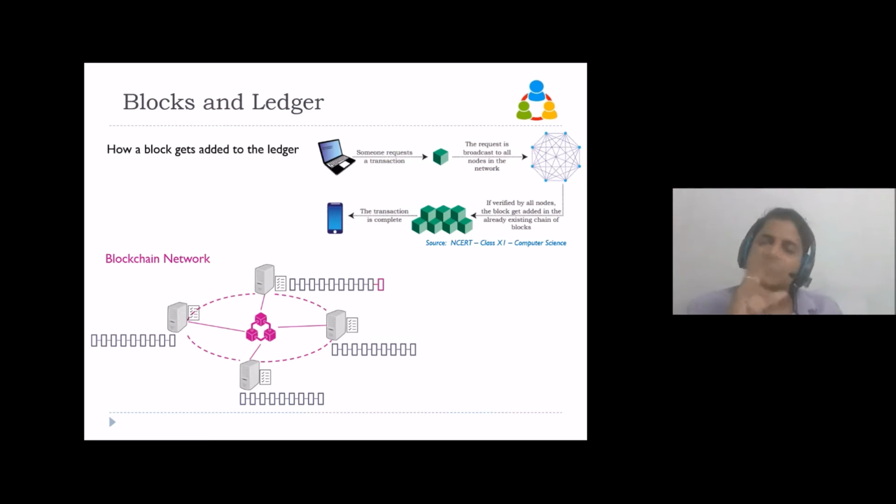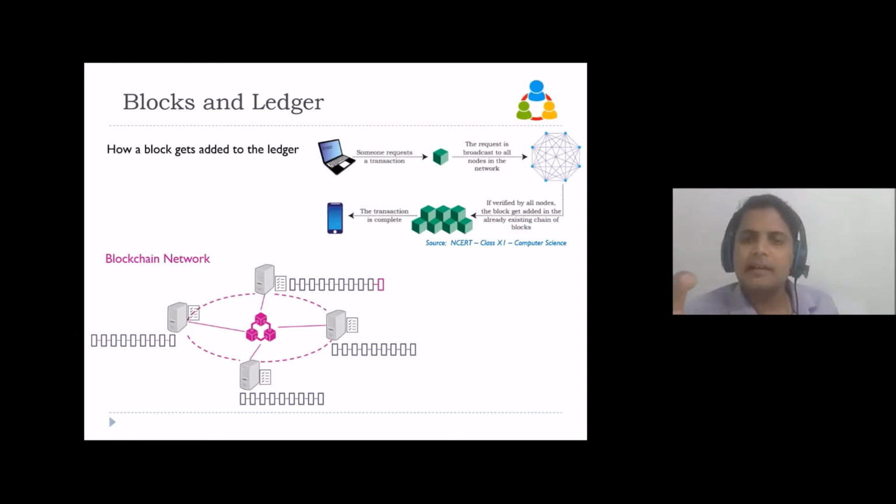What happens in a blockchain transaction? Somebody will connect to the blockchain network. They will request a transaction. A block gets created. Okay, if you can see, the latest block has got added.